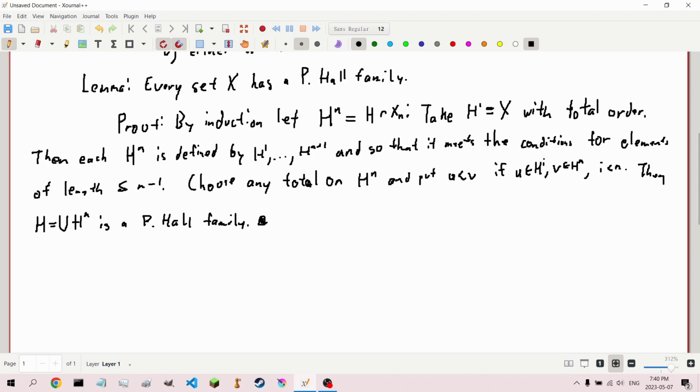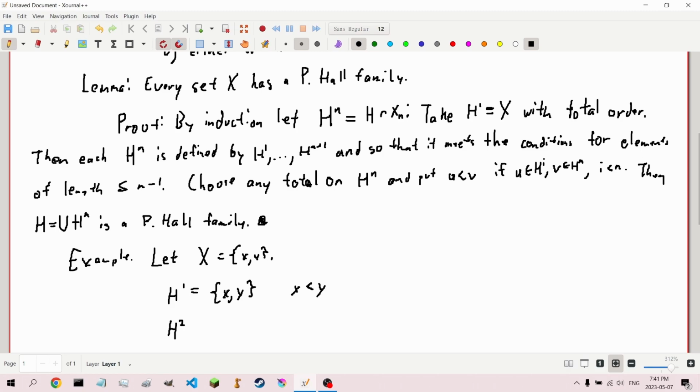Alright, let's look at an example. We're going to let X be a set with two elements. We'll just call them x and y. Then H1 is going to be equal to X with an order on it.